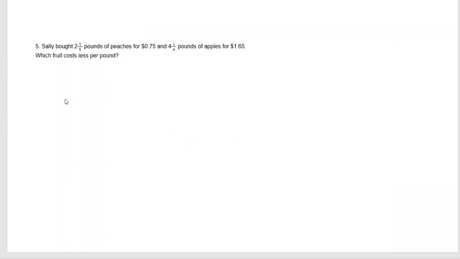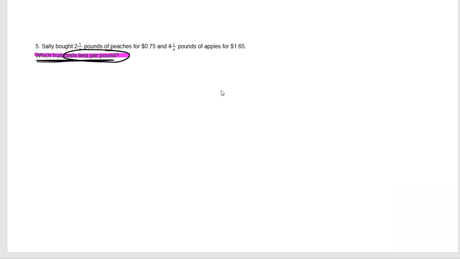Okay, last question. Now this one involves comparison shopping. It says Sally bought 2 1/2 pounds of peaches for 75 cents and 4 1/4 pounds of apples for $1.65. Which fruit costs less per pound? Okay, so this is our key right here. We want to know which costs less per pound.